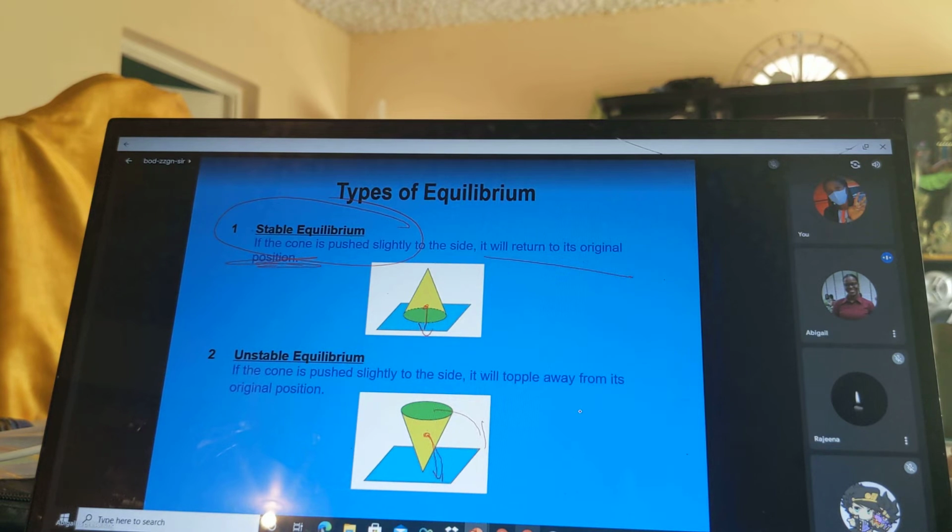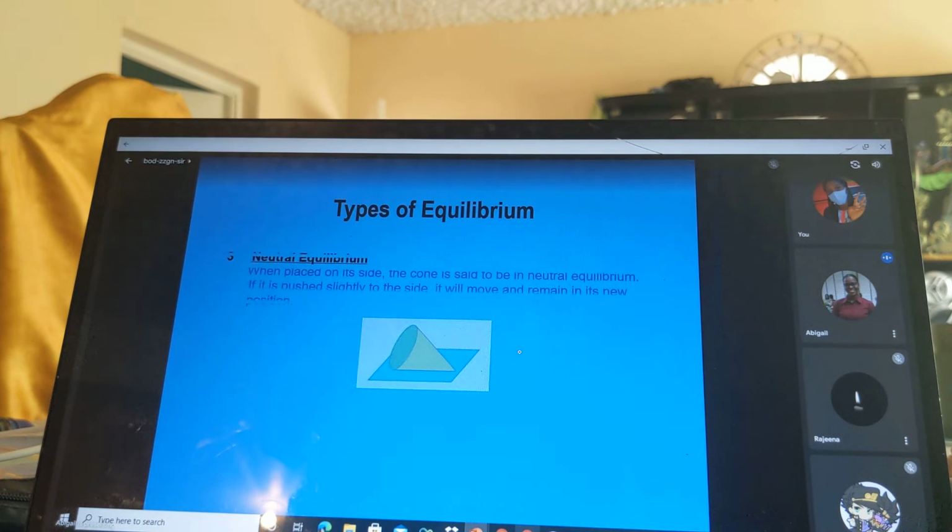The line of action of the weight always falls outside of the base. So we say it has unstable equilibrium. Something with unstable equilibrium tends to topple over easily when you displace it slightly, when you push it a little bit. That's what I mean when I say displace it. When you move it a little bit, it tends to topple over easily.